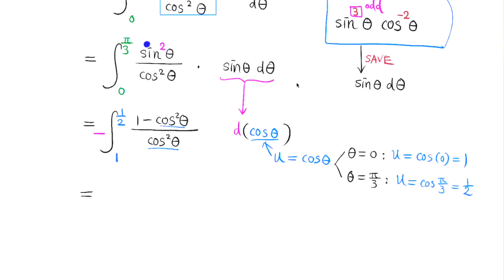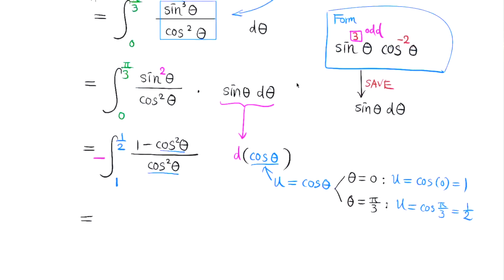Now over here you save one sine theta with d theta. Then this is going to become negative d cosine theta, because the derivative of cosine theta is negative sine theta. So you do have a negative sign in front: negative d cosine theta is sine theta d theta.